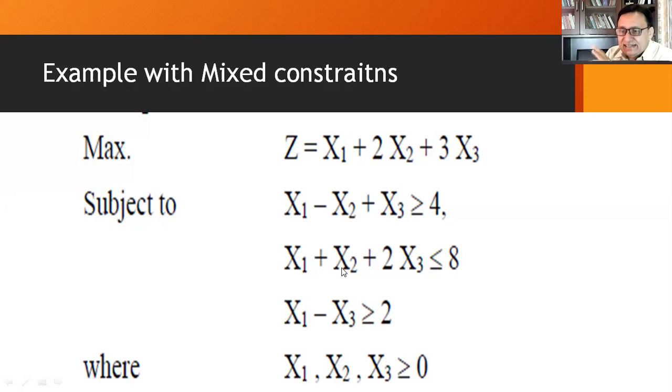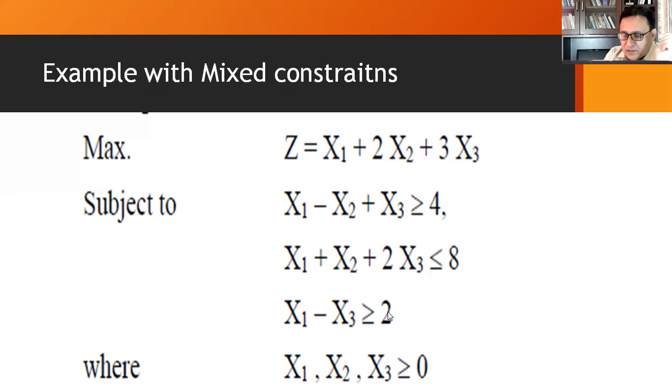In the second constraint there is no need for an artificial variable, because the slack variable s2 already gives a coefficient of 1. In the third constraint, x1 minus x3 minus s3, we again need to introduce an artificial variable. So two artificial variables will be required: a1 in the first constraint and a3 in the third constraint.